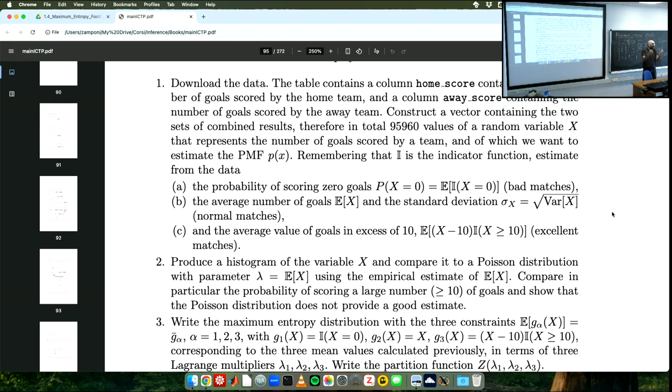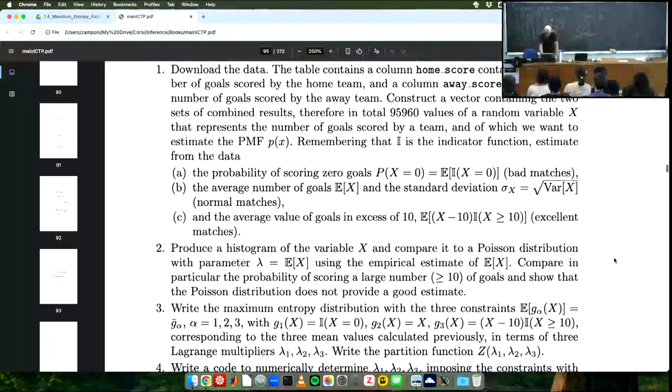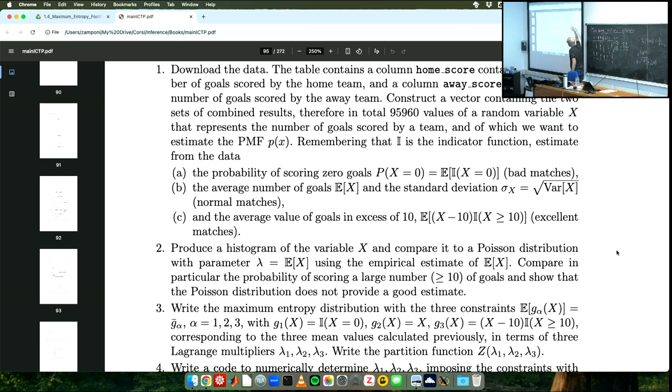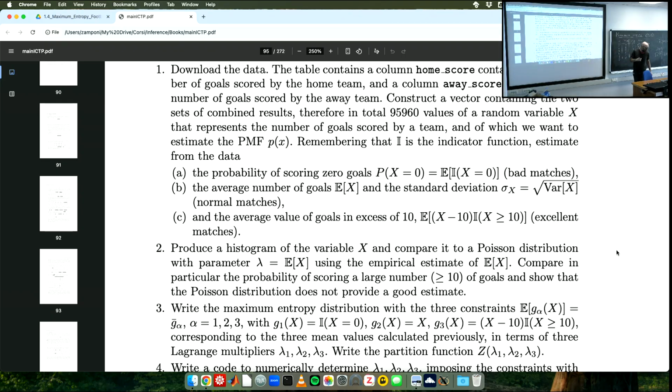So you define 3 of these functions g that characterize the 3 situations you want to discuss: bad matches, typical matches, and very good matches. Okay. And then what you can do is to say, okay, maybe I can try to construct a maximum entropy model where I constrain these 3 quantities. Okay? Is it a good model?